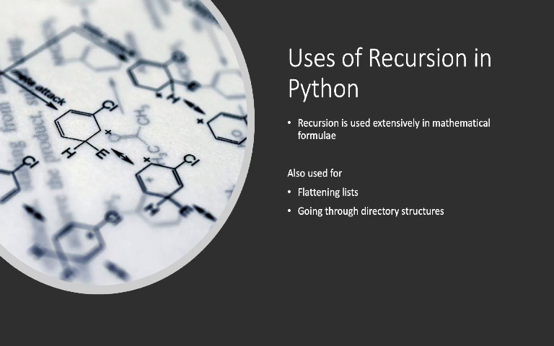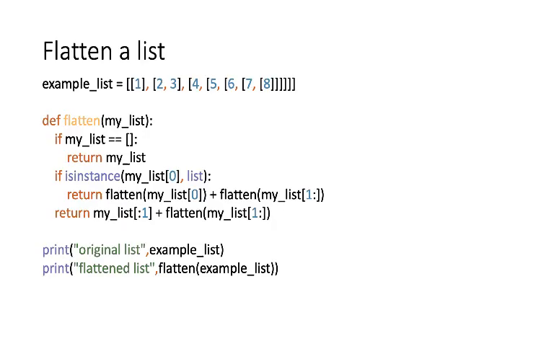Sometimes it's also used for flattening lists and going through directory structures. There are arguments to and fro about iterative approaches, and I will tell you that Python, generally speaking, favors the iterative approach. So this is really mostly used for math formulas and things like that.